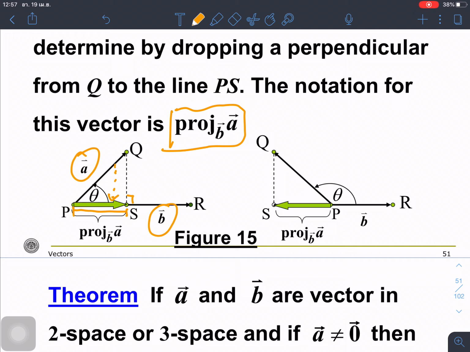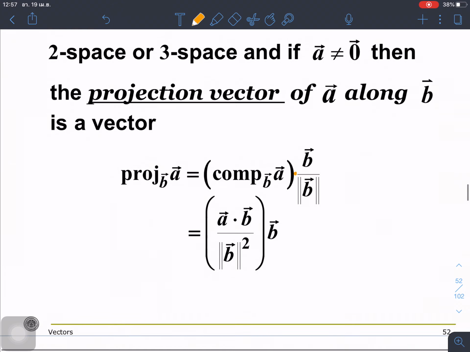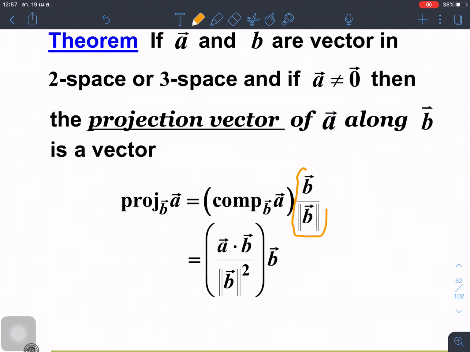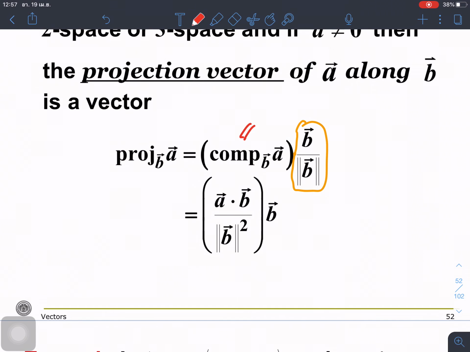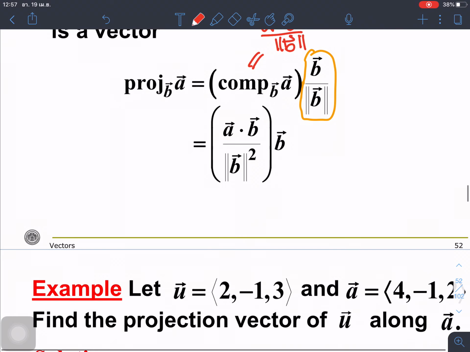So you have to normalize vector B to the unit vector. If you normalize it, you get vector B divided by the length of vector B. So this is the formula, and if you derive it, remember the scalar component is just A dot B divided by the modulus of B. So that is the formula.